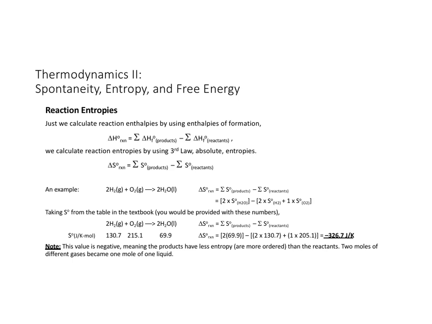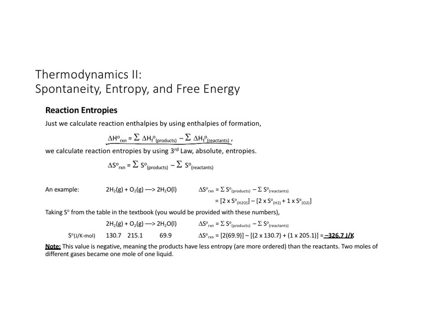We now want to turn to reaction entropies. If we're going to discover whether a reaction is going to be spontaneous or not, we're going to need to know its entropy. Now, we calculate reaction enthalpies by using enthalpies of formation.